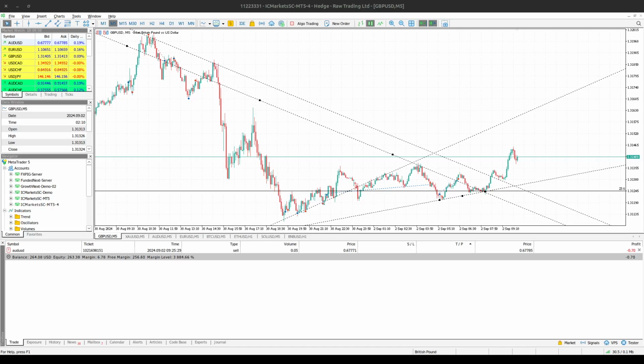So 200 points converts to 1.31656, right? And for take profit, we are going to place it at 1.31056. So it is a perfect ratio of 2 to 1 for take profit to stop loss.